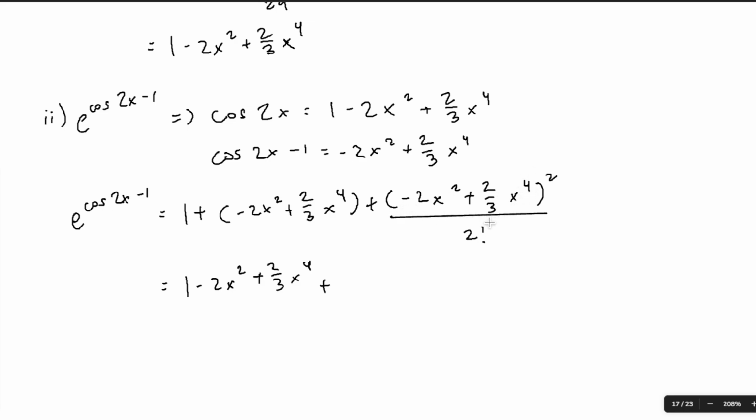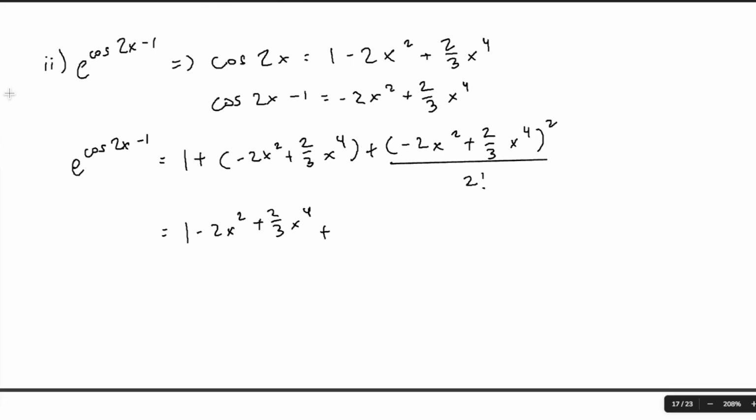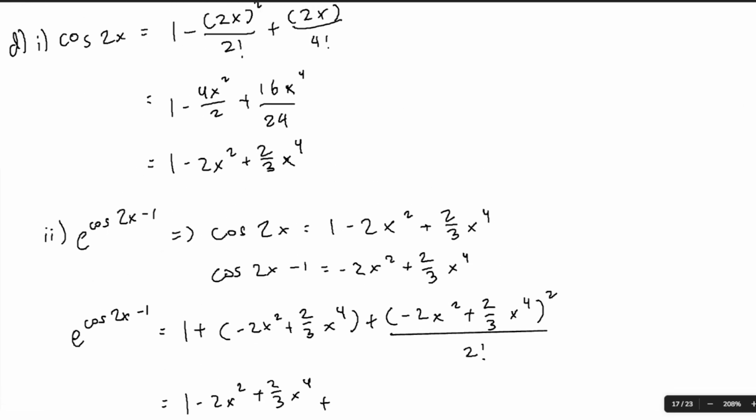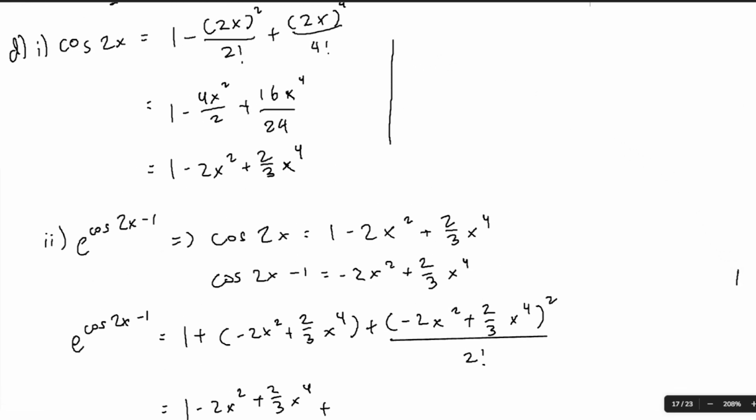we expand this. Okay, let's do this separately, by itself. Minus 2x squared plus 2 over 3 x power 4 times minus 2x squared plus 2 over 3 x power 4.